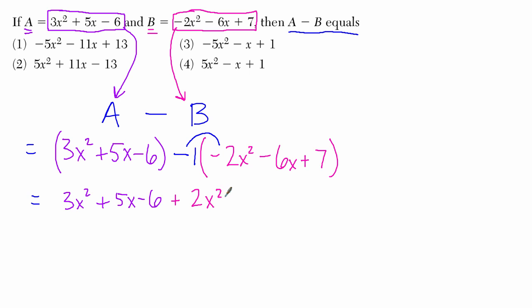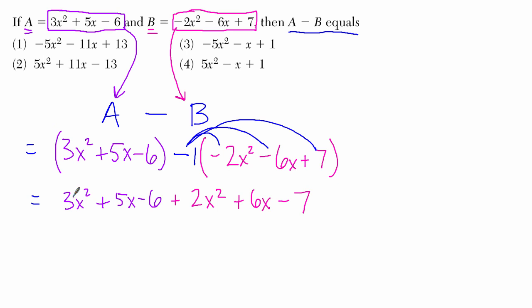So we are changing the sign on the 2x squared. And we also distribute the negative 1 to the negative 6x, which is negative times negative is positive 6x. And then we have negative 1 times a positive 7. When we distribute that, a negative times a positive is a negative, so negative 7 or a minus 7.